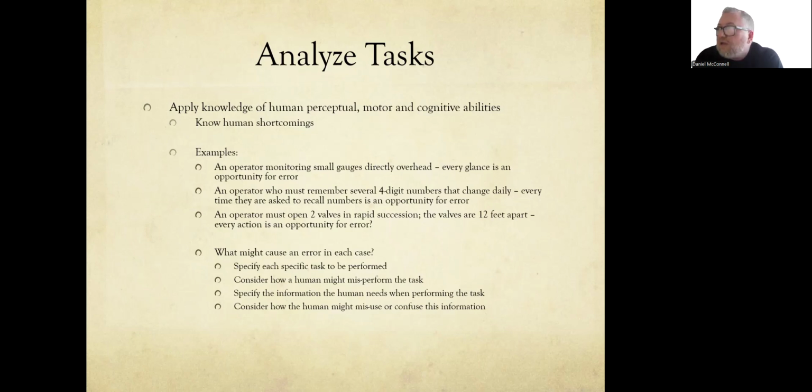And so we have to think about that: does the person have enough strength in their arm to exert that rotational force? Do they have the mobility to walk that distance in a sufficient amount of time? And so each one of these is a step that contains a risk for an error.